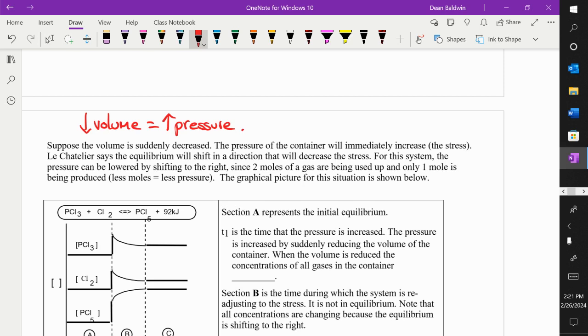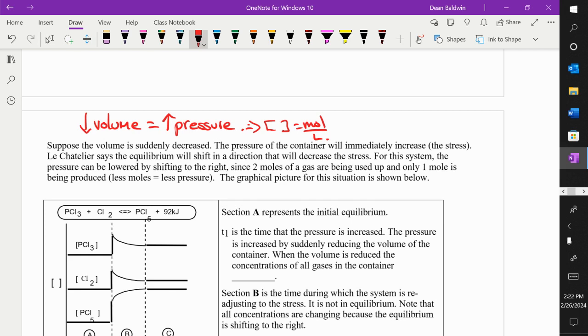What that also does is it changes the concentration. Because what are the units for concentration? Concentration is moles per liter. I've changed the volume, which means I've changed the liters. So what's happened to the concentration?